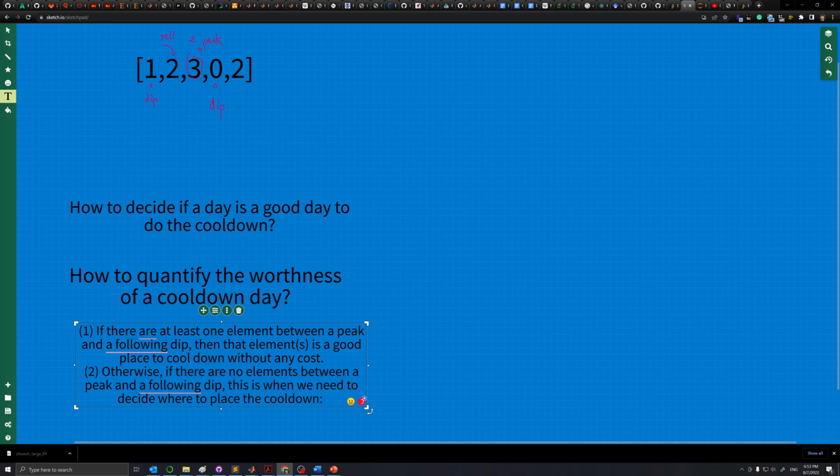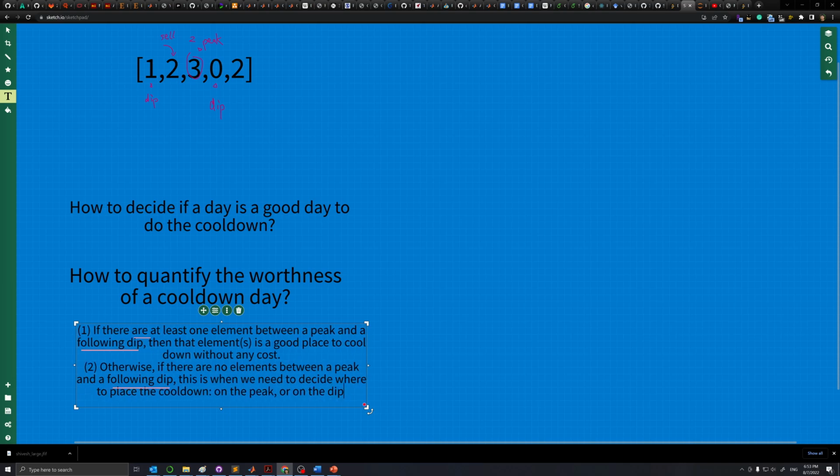There are two choices: on the peak or on the dip.